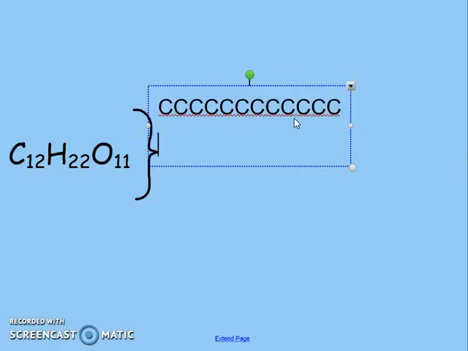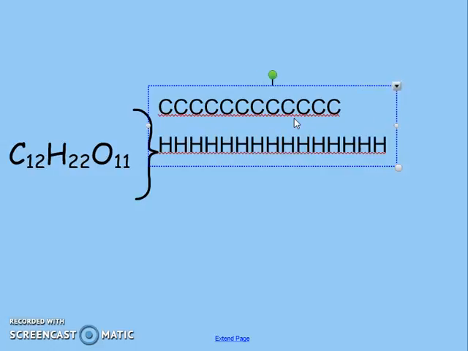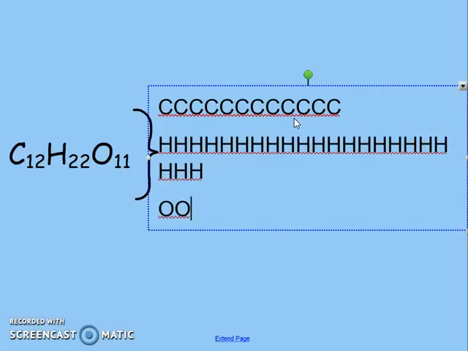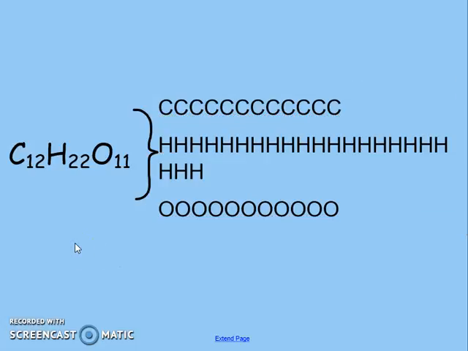Next row, we have 22 H's. Next row, we have 11 oxygen. That's how we're going to set up our brace maps, and that's going to show us how many parts of each element we have in that compound for that chemical formula.